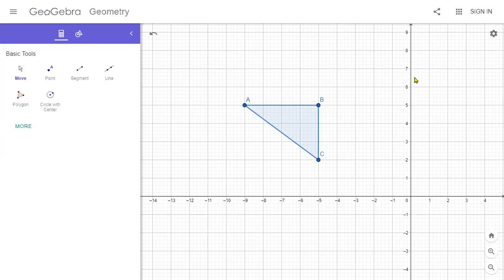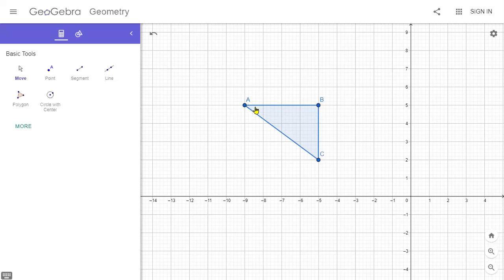Here the mirror is the y-axis. Let me count the perpendicular distance of this point A from the y-axis. 1 unit, 2 unit, 3 unit, 4 unit, 5, 6, 7, 8, 9.